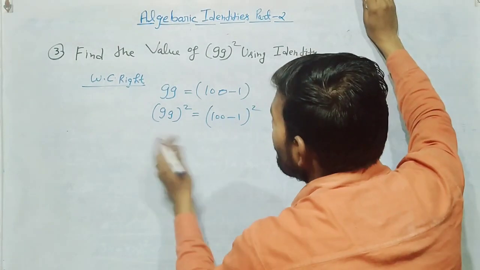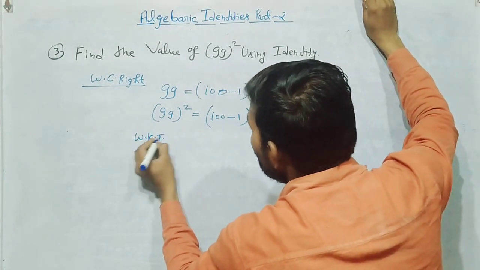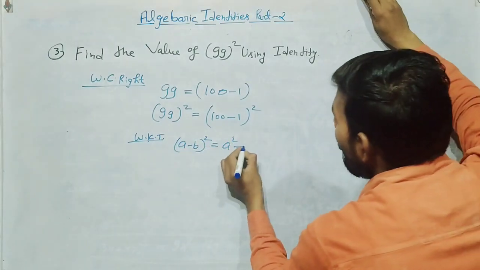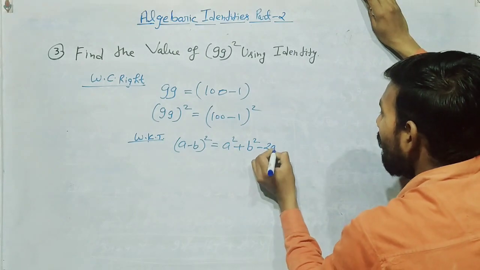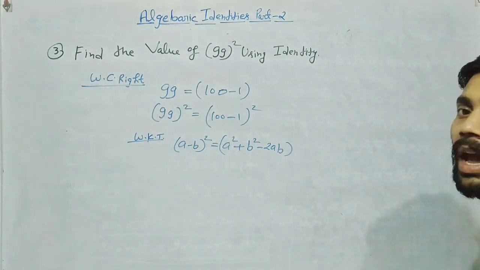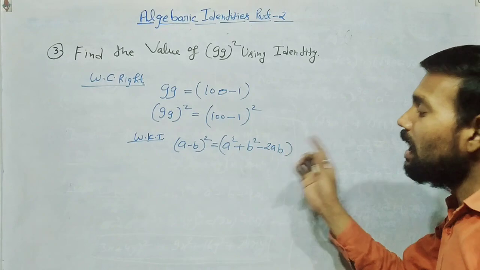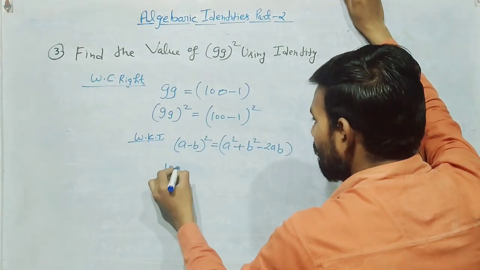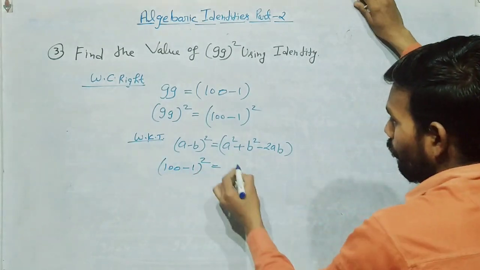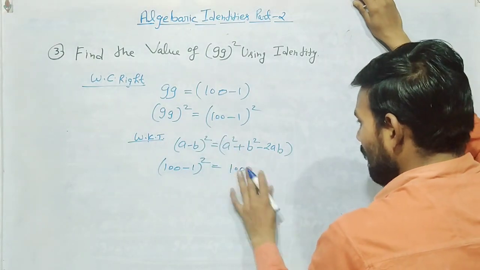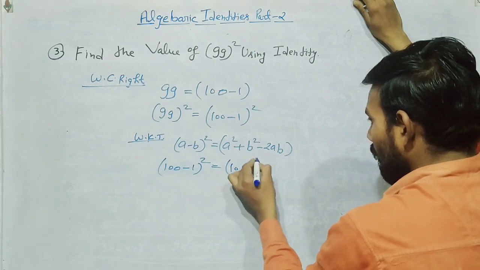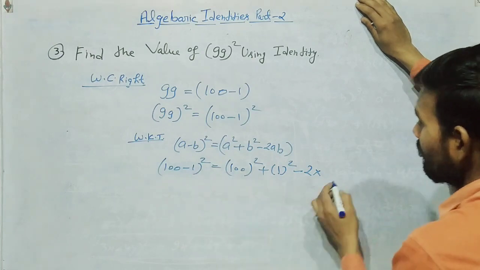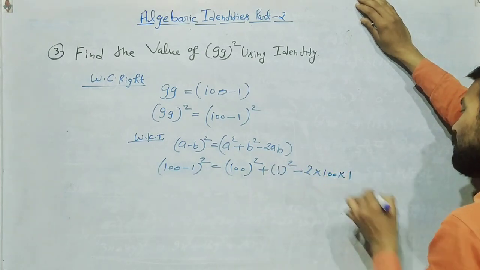Here we know that a minus b to the whole square is equal to a square plus b square minus 2ab. So 100 minus 1 to the whole square is equal to a, means 100 ka square, plus b square, b means 1 ka square, minus 2 into a means 100 and b means 1.